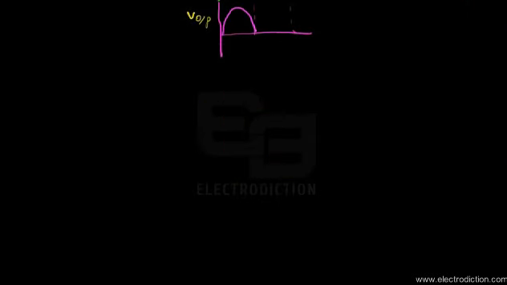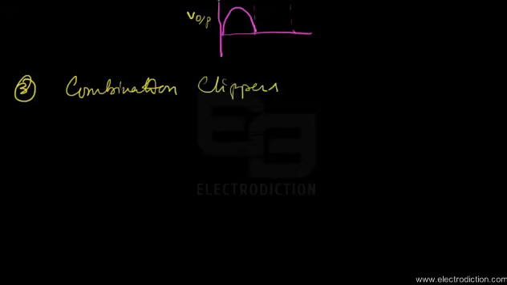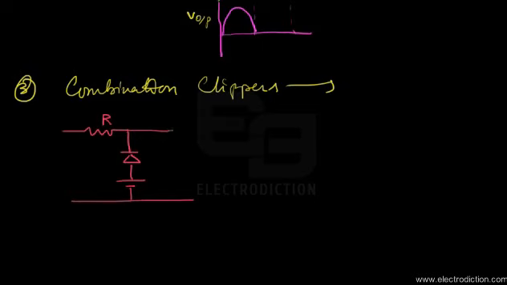Okay, so here's our clipper type number 3, that is combination clippers. In this type of clipper we have, as we will see while drawing the circuit, a series resistance R and two diodes instead, connected along with a voltage source across each.